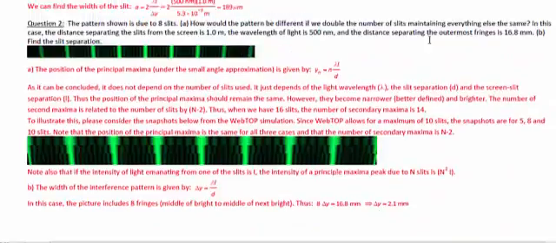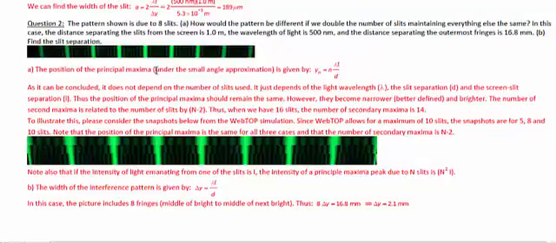Now, if we are under the small angle approximation, if the slit separation is quite small and the distance from slits to screen is quite large, so that our angles are small, we can use this equation as well for any number of slits. y sub n is equal to n lambda L over d.